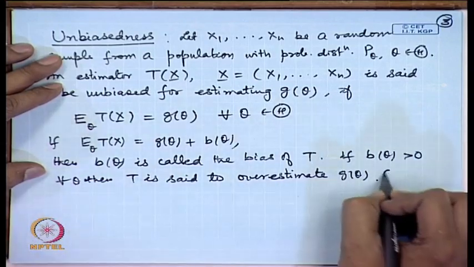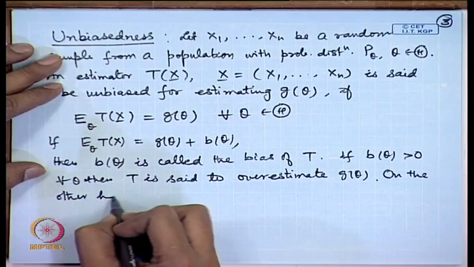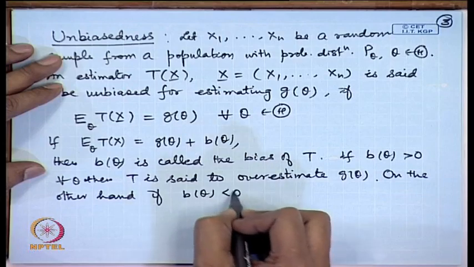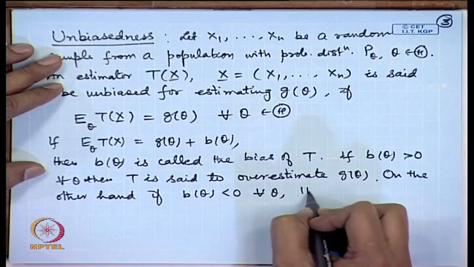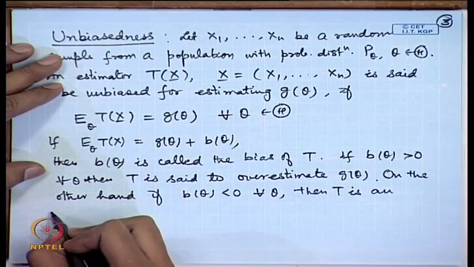On the other hand, if b(theta) is always less than 0, then T is an underestimator.